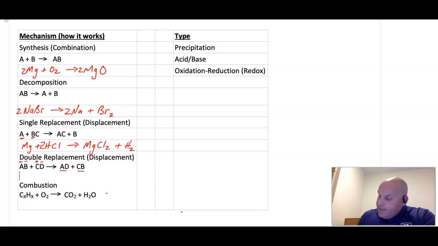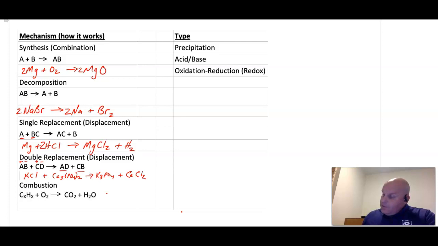So here if I had something like potassium chloride and calcium phosphate, and then rearranged those ions, the potassium would go with the phosphate and the calcium with the chloride.